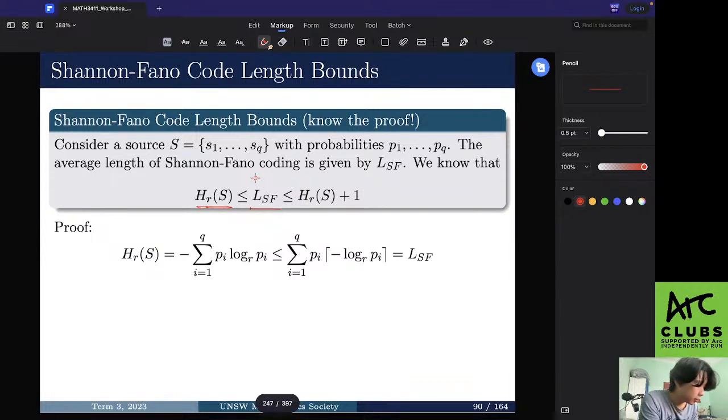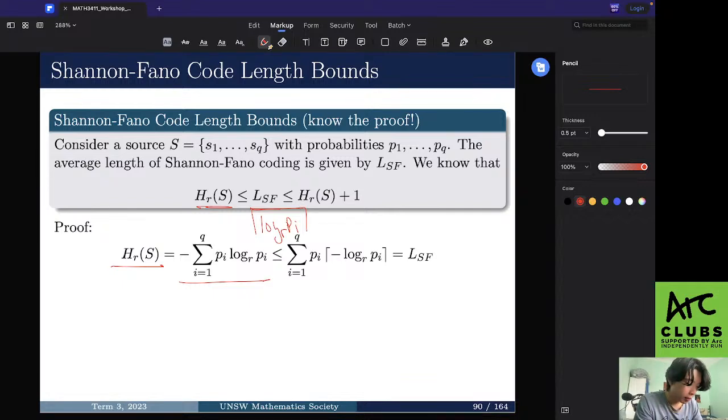We know that the entropy is equal to minus the sum of pi times log base r of pi. And we know that if we take the ceiling, then it's less than or equal to the ceiling, right? So if we take the ceil of any value, then we're essentially always increasing the value.